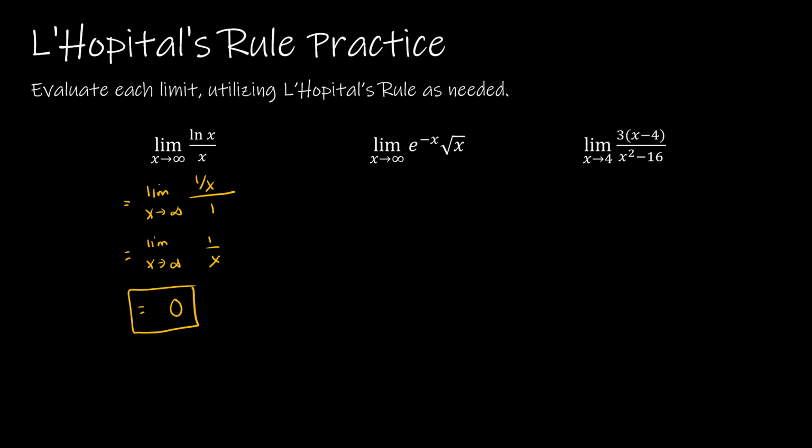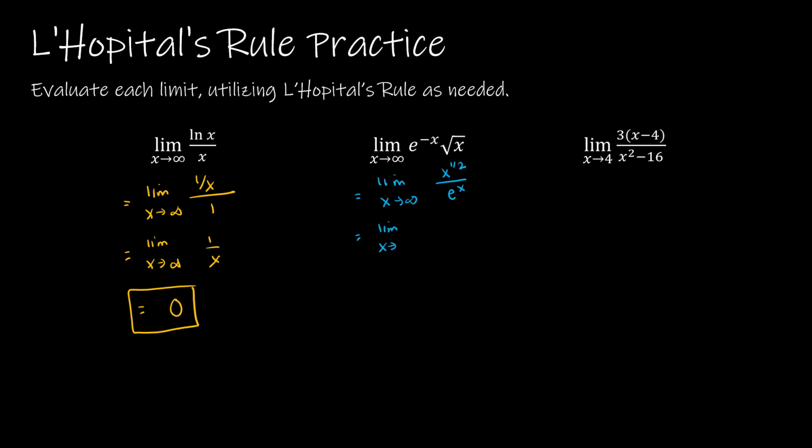For my second question, again, the first thing I would do is rewrite it so that it is a fraction, because this is x to the 1/2 over e to the x. And again, if I were to try to plug in infinity by direct substitution, it's not going to give me a solution. So instead, let's use L'Hopital's rule.